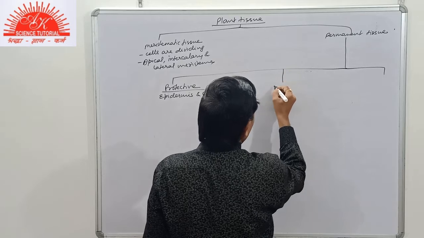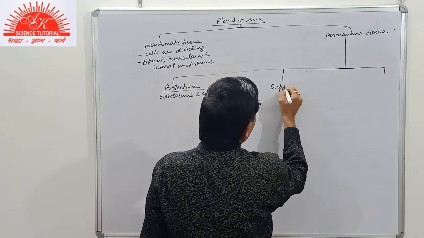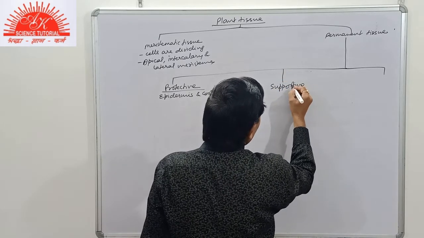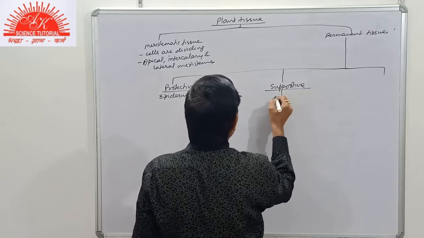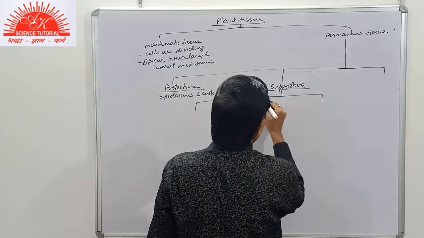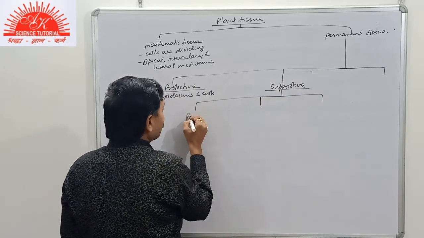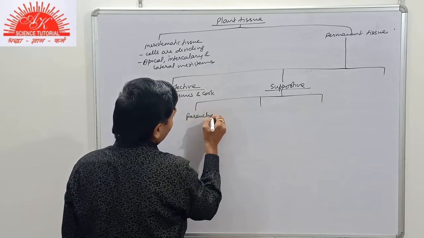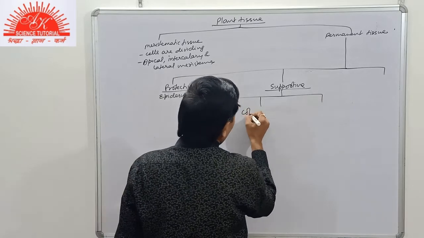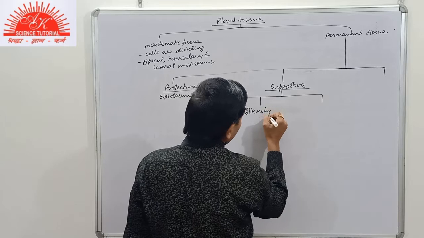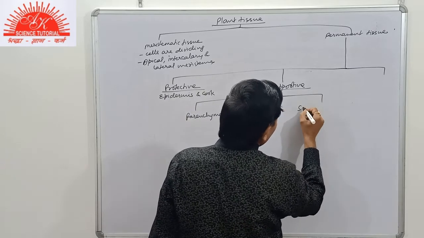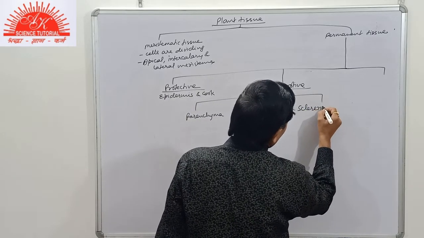Supportive were of three types, and they were parenchyma, collenchyma, and sclerenchyma.